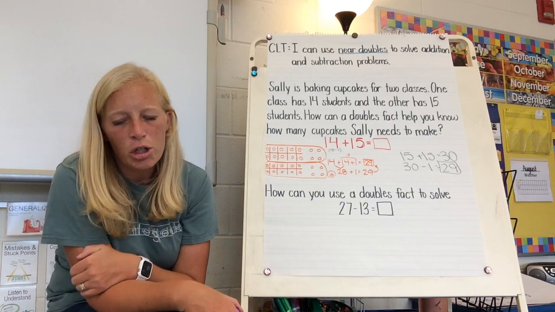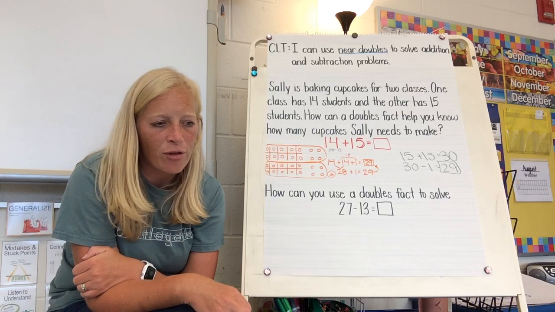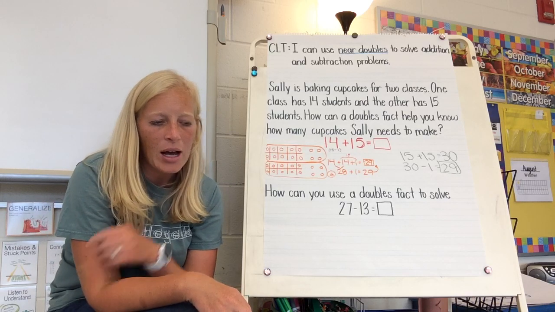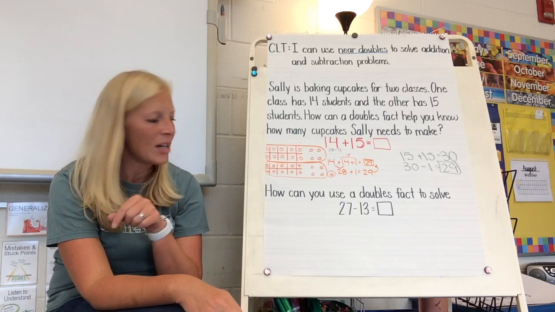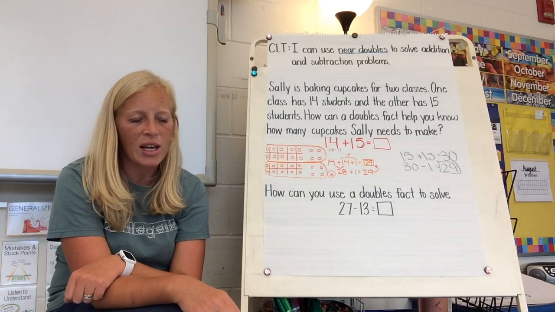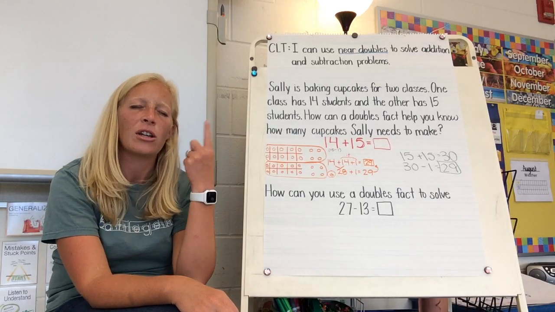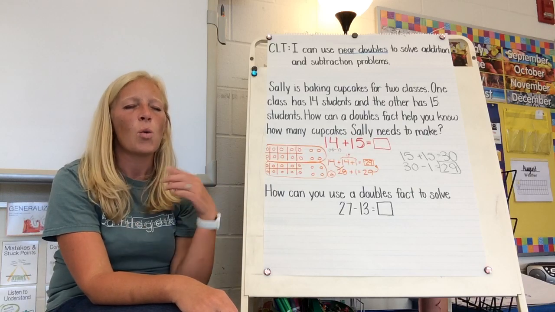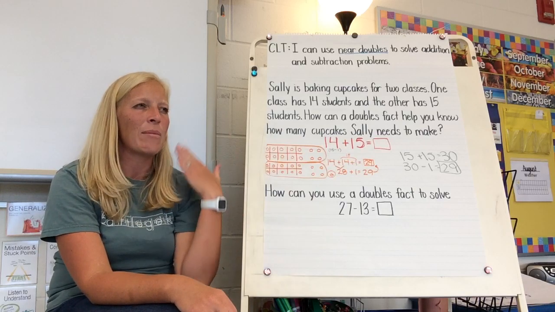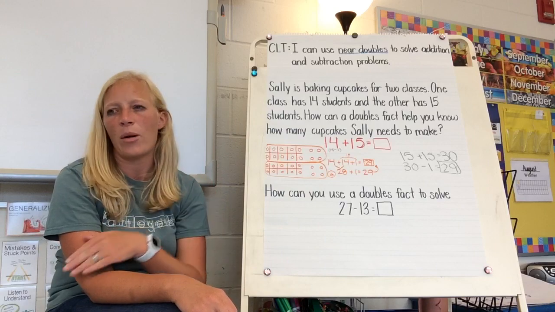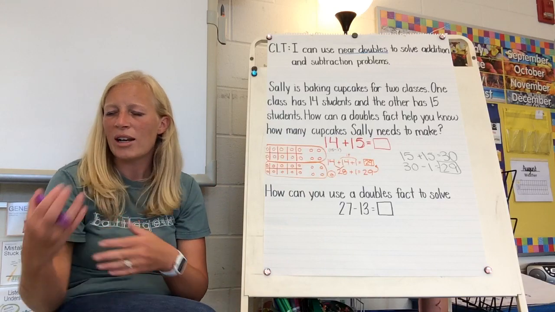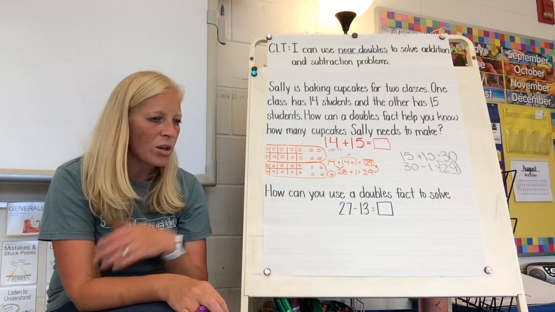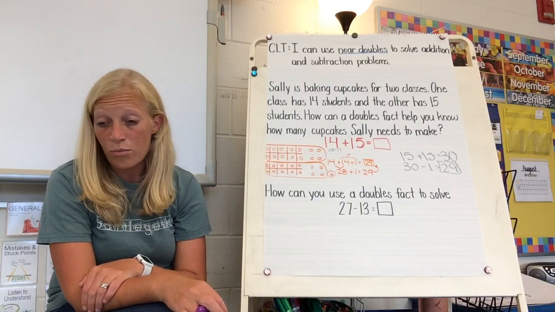I'm going to put up 2 pieces of work that some of our friends did. And I want us to take a minute. I'm going to do one at a time. And I want each of you to take a minute and you're going to do something called interpret. So when we interpret something that somebody does, we look at it and we think about if we can figure out what they were thinking, right? We're trying to make sense of what they did. So I'm going to draw and put up what they did.